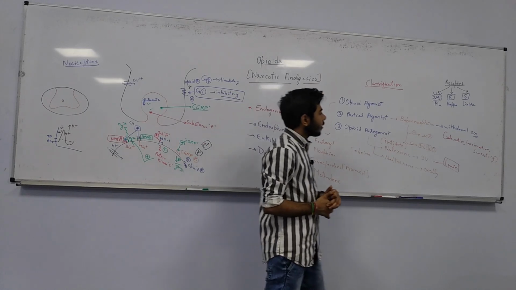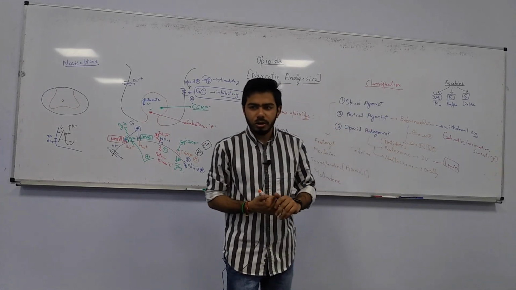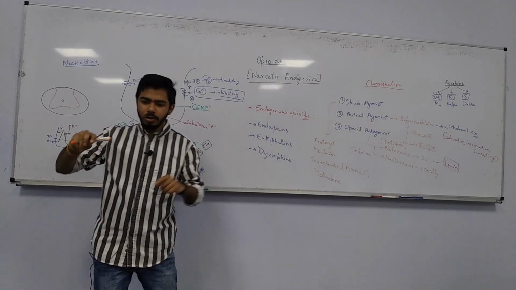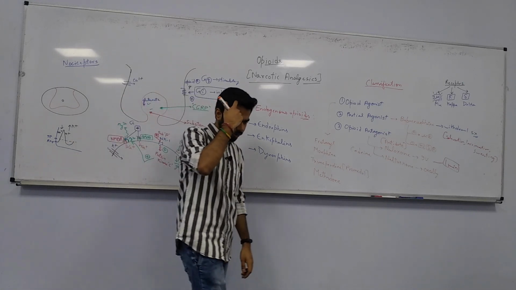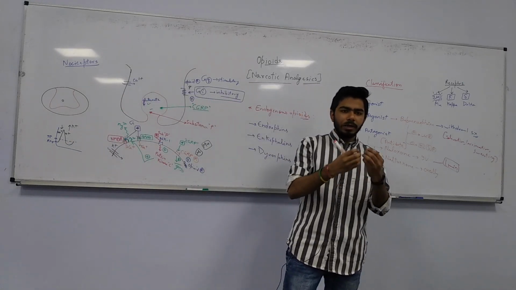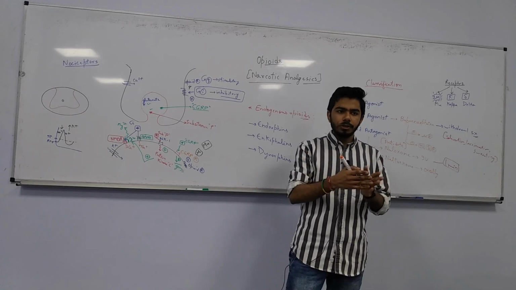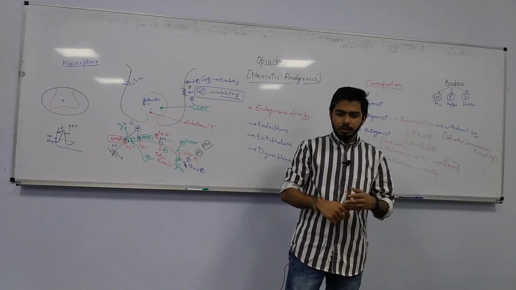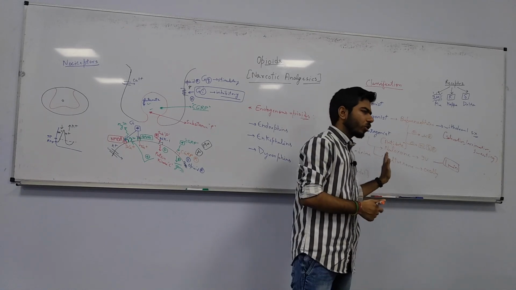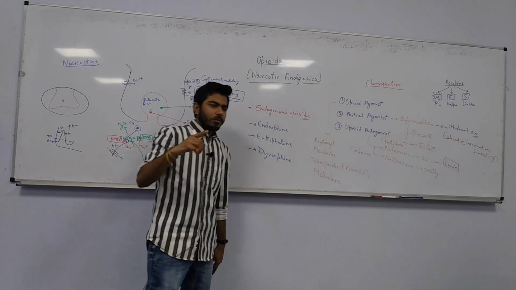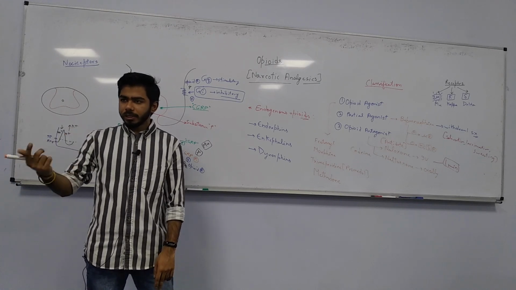So I'm talking about opioid poisoning. Let's talk about the actions of the opioids and what kind of effects they cause. Why do we use opioids? The only indication is pain. It reduces pain, and if the intensity of the pain is very high, we use opioids in hospitals. What kind of side effects can appear in the patient?